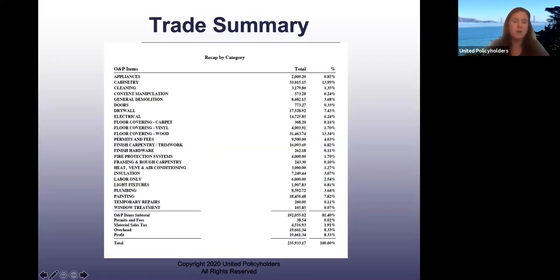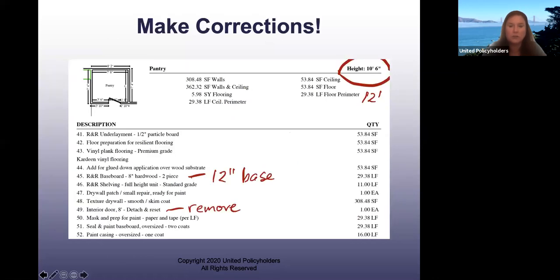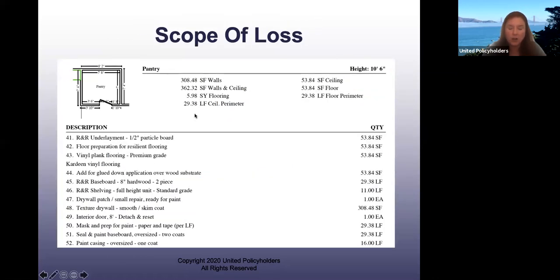Okay, so if you guys don't have any questions about fixing this, and if you haven't started this yet, I'm gonna reiterate to contact your adjuster and ask them for a scope of loss, which is an estimate without prices on it, because that'll make it a lot cleaner, and you can mark it up.